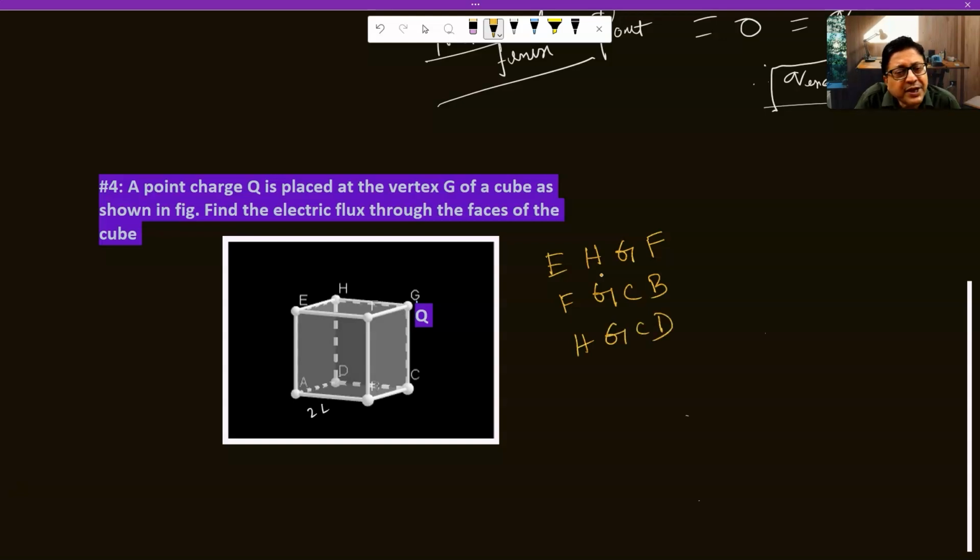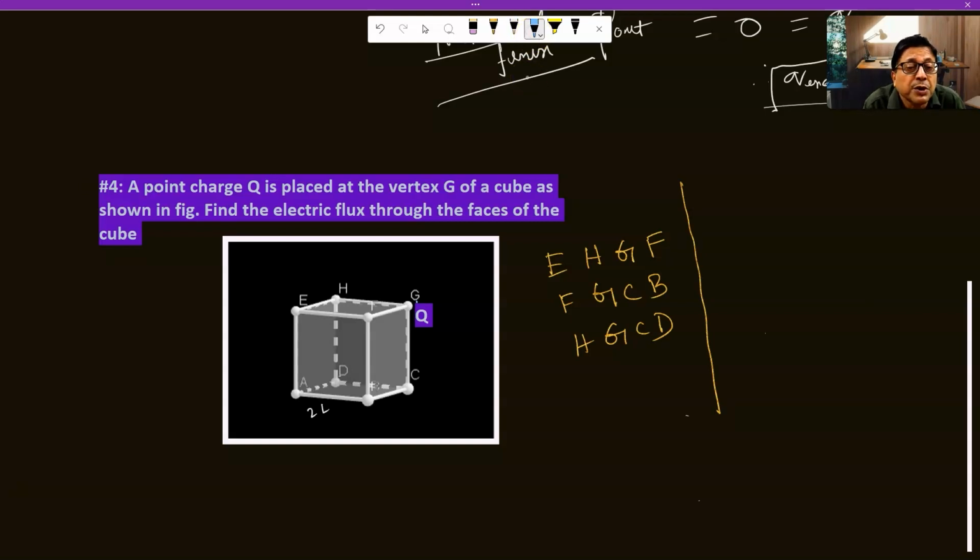These are the faces on which the charge Q lies, so they have similar situations. Symmetry says that lines of force passing through this and passing through HGCD will be similar. But these 3 faces are not similar to these. Let me name those faces here.